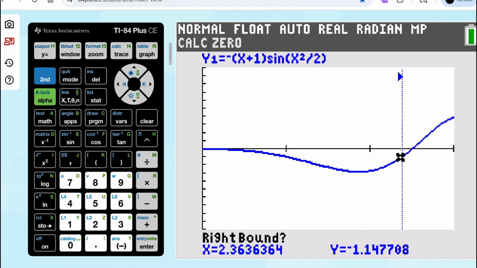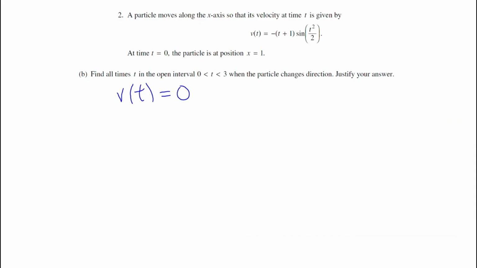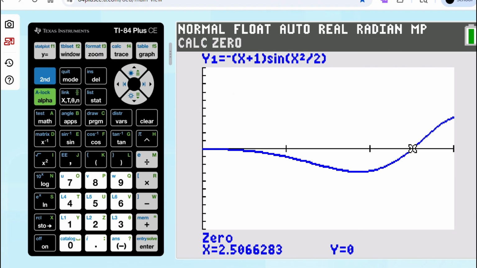Oh my gosh, I don't know what it's doing. Let's slow this down here. There we go. All right, and hit enter. Hit enter a third time, and you get 2.507. And we know that it's changing directions there because we can see that the velocity was negative before that, and then the velocity was positive after that.